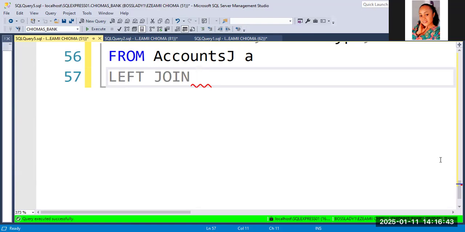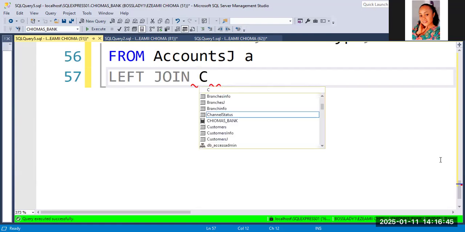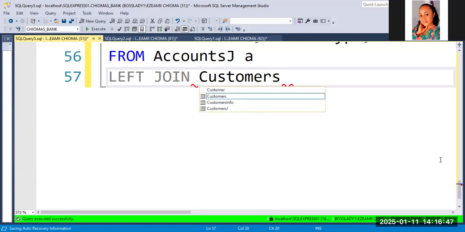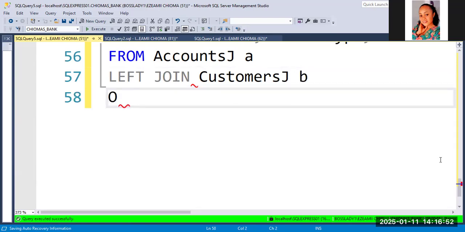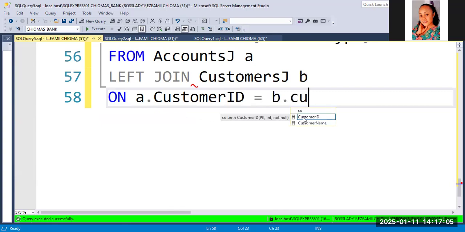Left join our customers table, we alias it as B, on A dot customer ID equals B dot customer ID. Both tables have customer ID, okay?